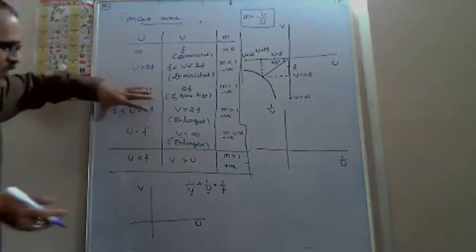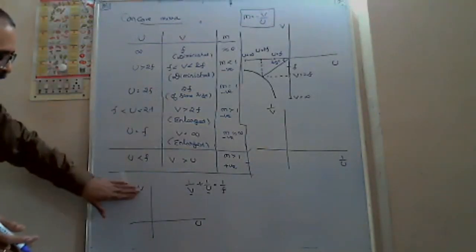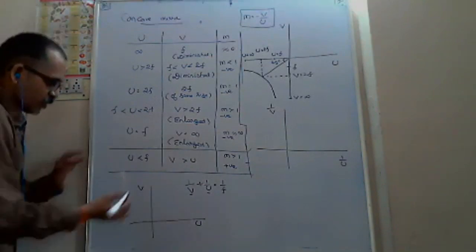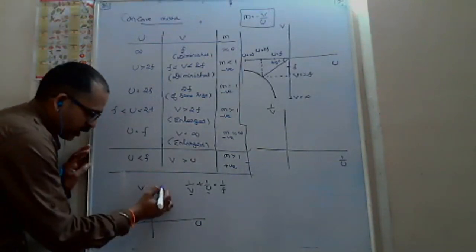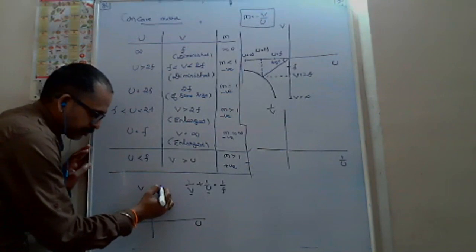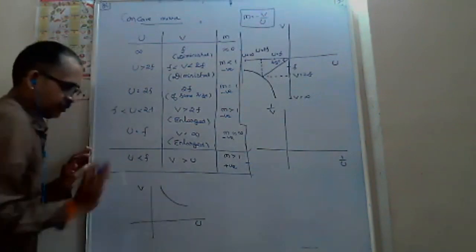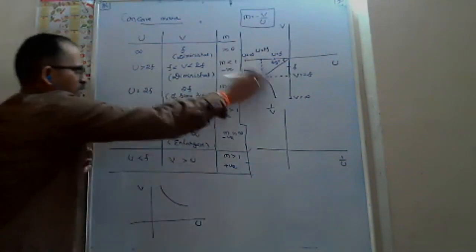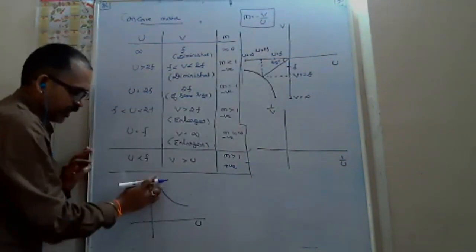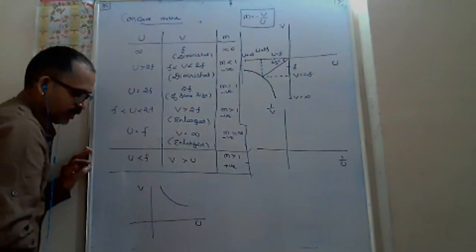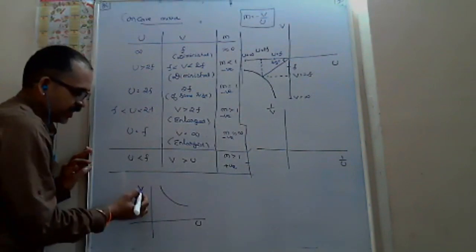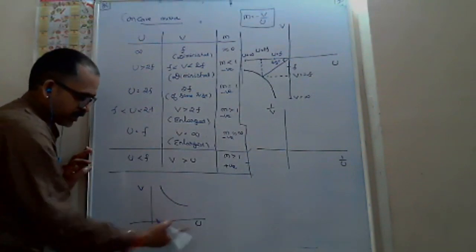Then v is positive and u is positive. Positive means you will get a graph in the first quadrant. So in the exam, they will give the graph like this, a rectangular hyperbola. Here also a rectangular hyperbola, but here he did not consider the sign conventions.